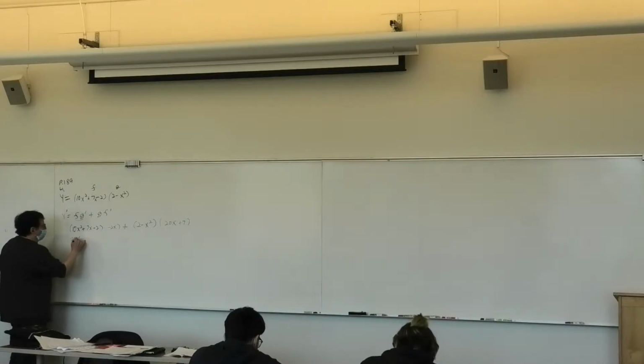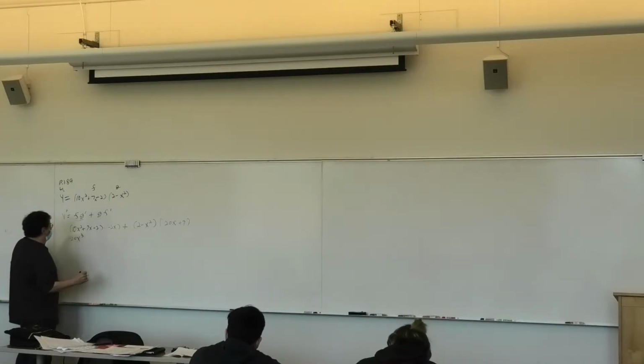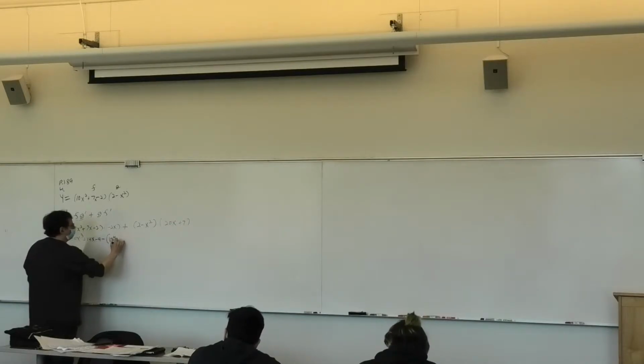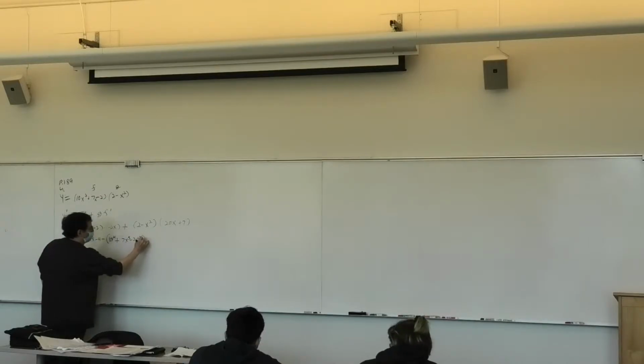Minus 20. This is just an opportunity for me to make mistakes, but that's okay. Plus 14x minus 4 minus 10x to the 4th plus 7x cubed minus 2x squared.